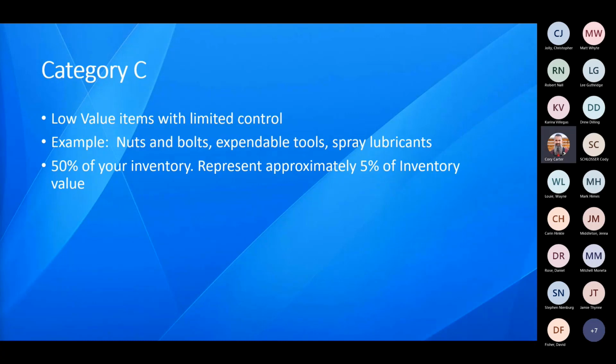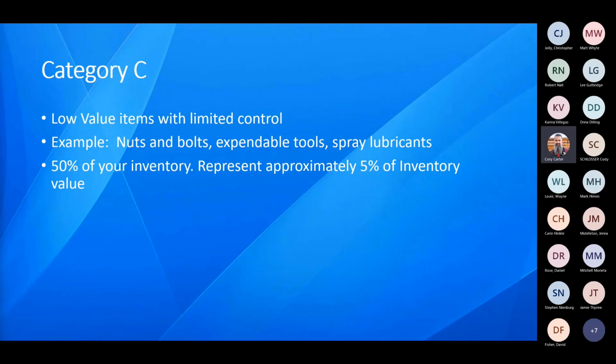And these normally don't have a lot of control. You're counting them once a year just to make sure that you're not completely off. But this is the stuff that's not necessarily locked in the cage. It's in the bolt bins outside of the cage.